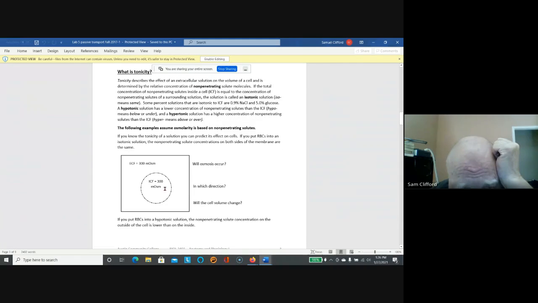So if I have extracellular fluid of 300 milliosmoles and intracellular fluid of 300, these are isotonic solutions. 300 equals 300. Osmosis will occur, but some water will move in, some water will move out. They will have no net movement.